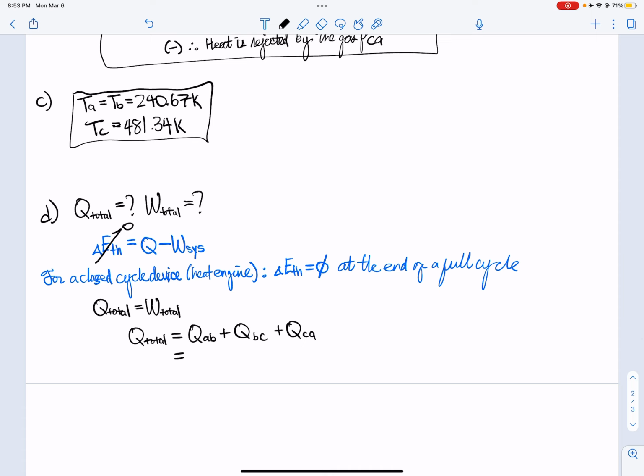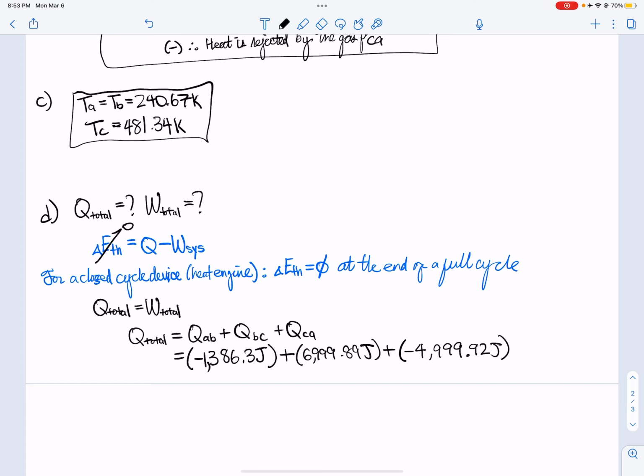All right. So for heat transfer from AB, we got minus 1,386.3 joules. Okay. Plus the heat transfer from process BC, which was 6,999.89 joules. Then plus the heat transfer from process CA, which was negative 4,999.92 joules. Okay?